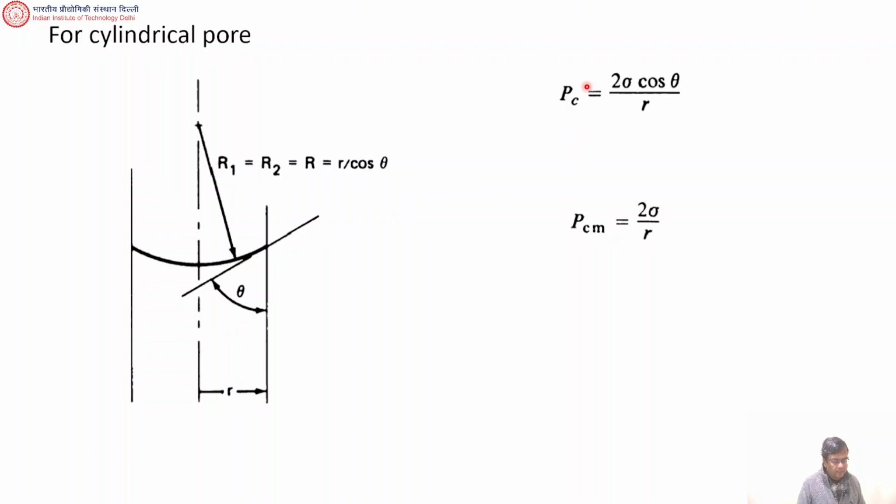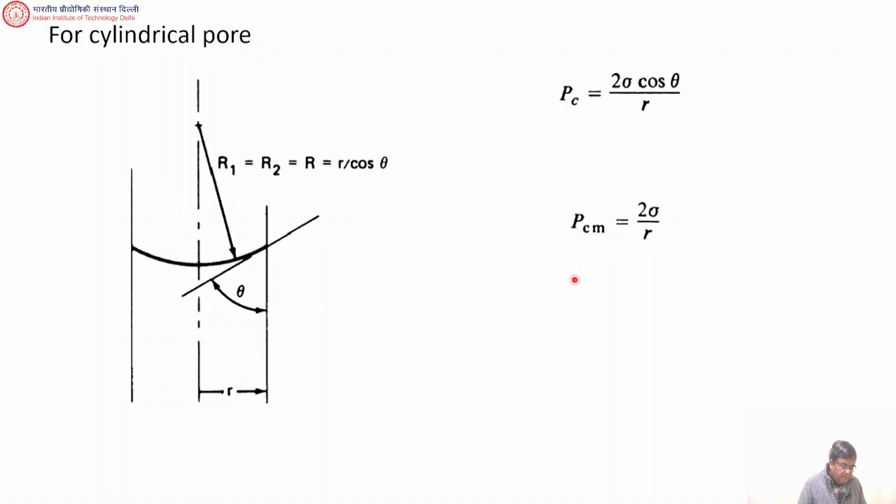Now when you write PC as 2 sigma cos theta by r, this r is again the radius of the pore. If you write 2 sigma by capital R, then that capital R is actually this quantity.